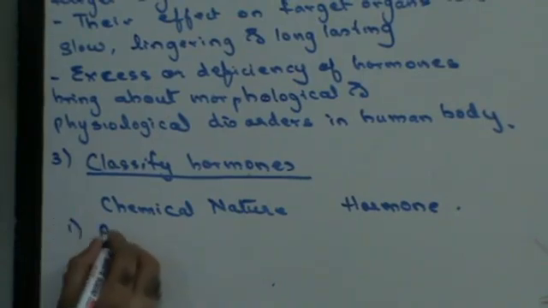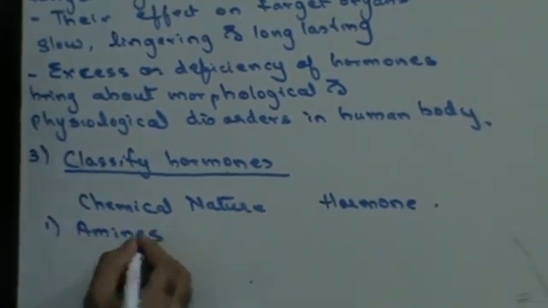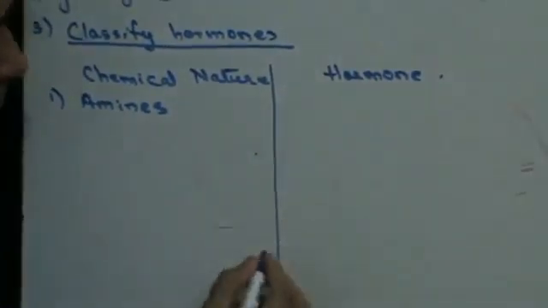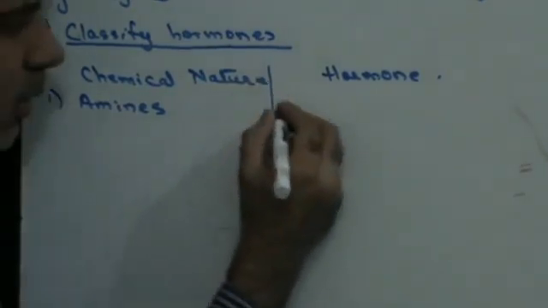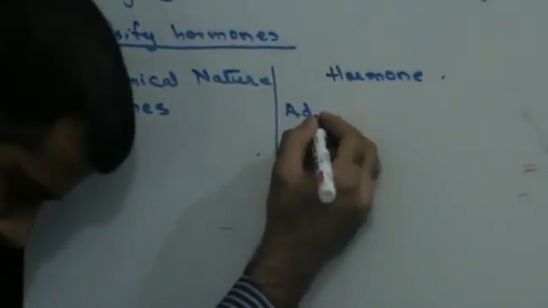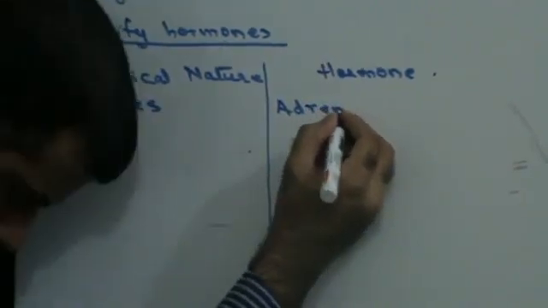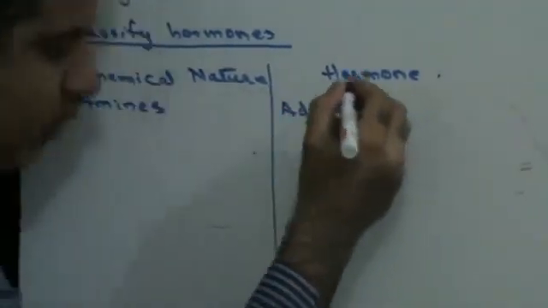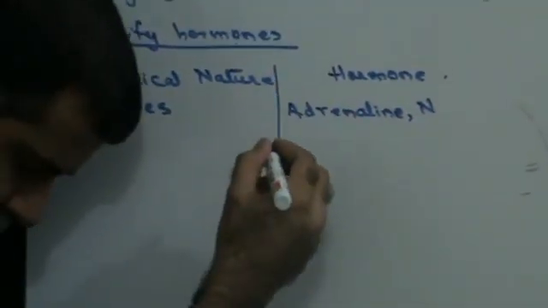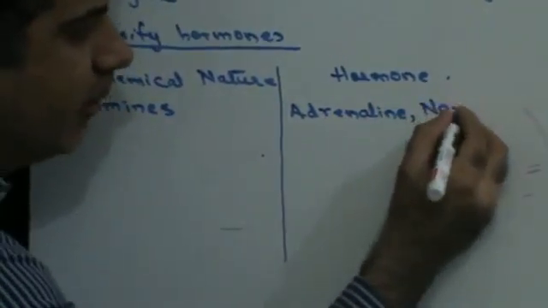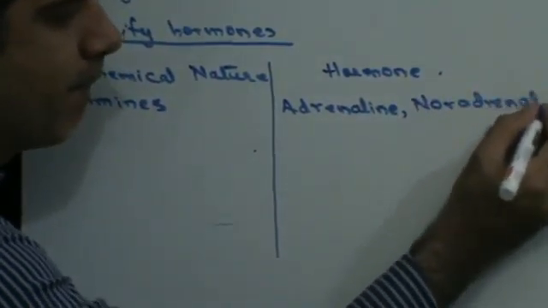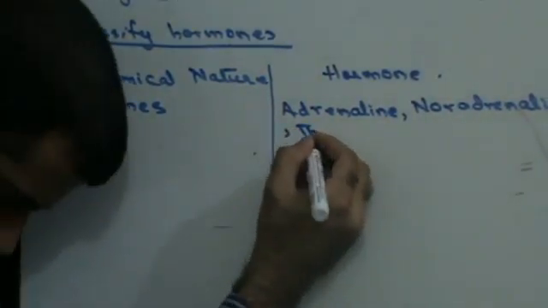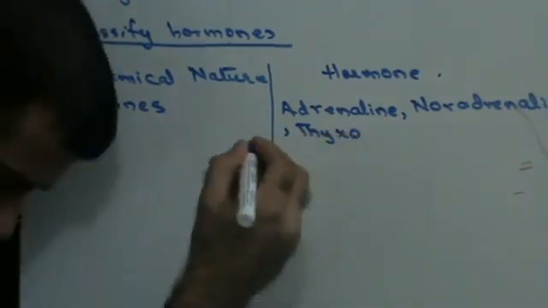Now, hormones that contain amines are adrenaline, then you have noradrenaline, and thyroxine.